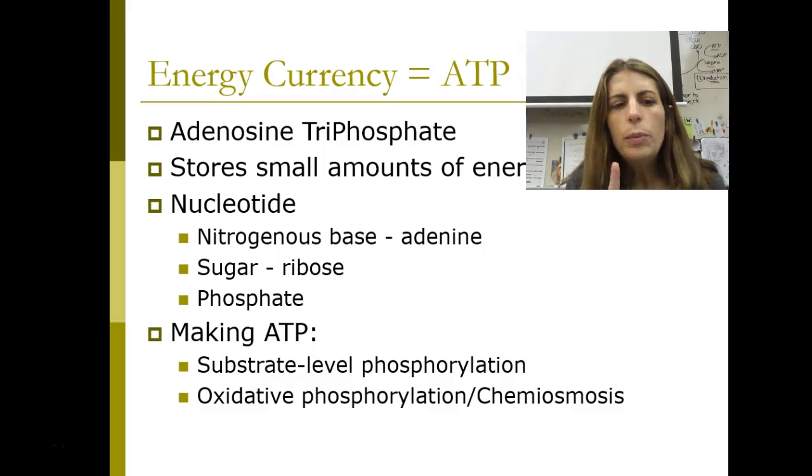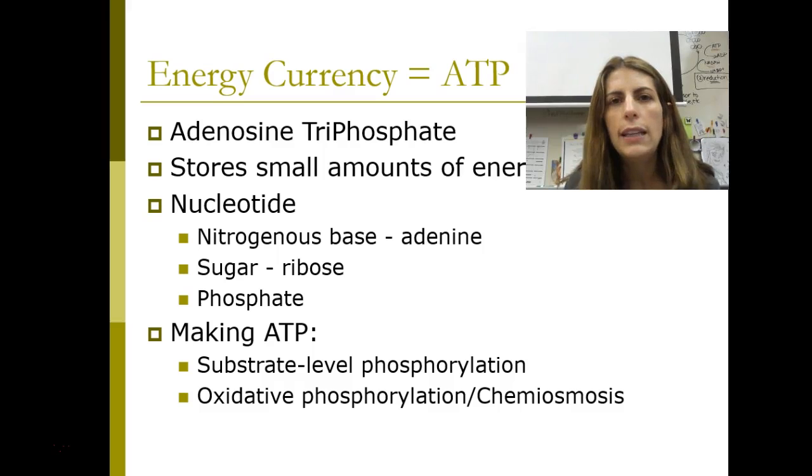It's nice because it's small amounts of energy. Why would we not want a compound that could hold a ton of energy? Well, if you had so much energy stored in that little bond and then it breaks, we could have things like spontaneous combustion happening. There's heat released typically, and thankfully for us, because we're endotherms, we need to generate our own heat.